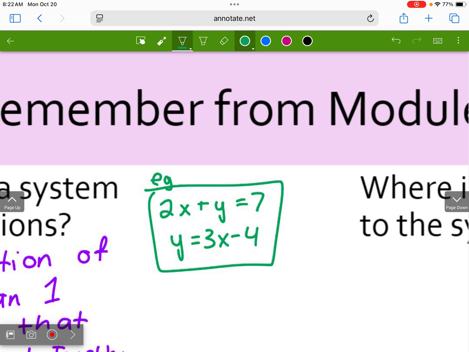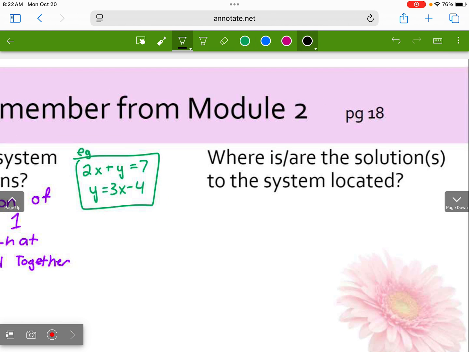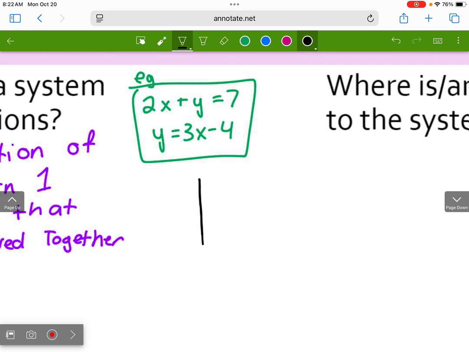Where are the solutions when we're looking at a system? For example, if we looked at these two lines, you get one line that goes like this, and one line that goes like this. Where would the solution to the system be if we did our graphing? Where they intersect. It's the point where they cross.